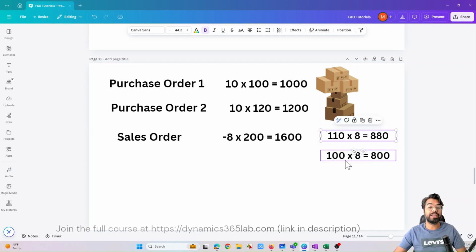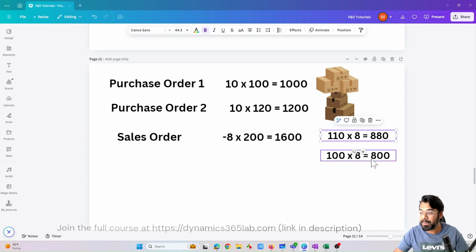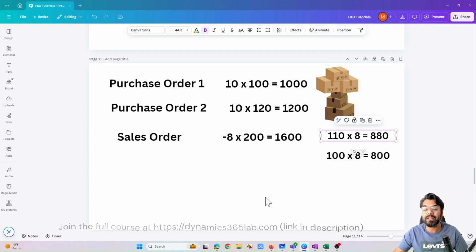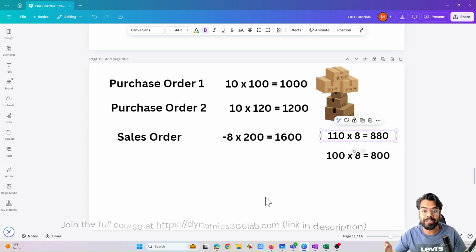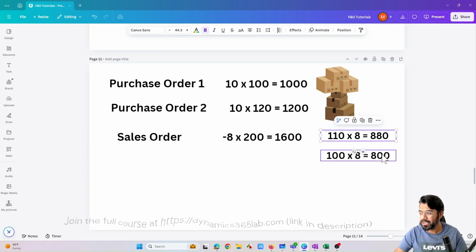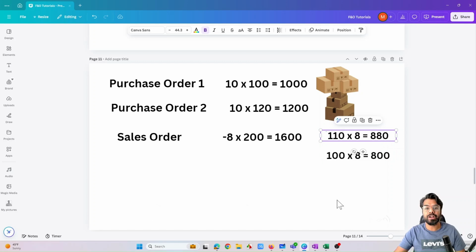So when I do the inventory adjustment, the system automatically adjusts my cost associated with the sales to $800. So the margin is going to bump up a little bit, because the cost is less by $80.